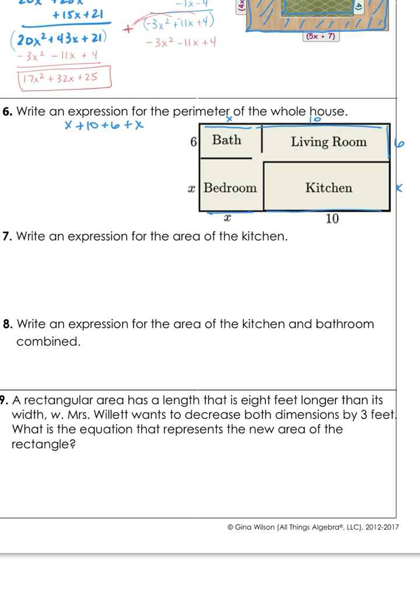And then down here plus 10, plus another x, plus another x, plus 6. All right, so I have 1x, 2x, 3x, 4x, 5x. So I have 5 x's, and then I have 10 plus 6 is 16, plus another 10 is 26, plus 6 is 32, so 32.